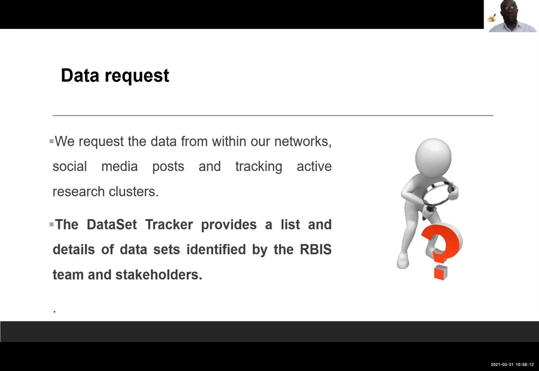We go to those platforms and continue to work with them, because the data also needs its metadata. So we have to continue to work with these data holders to have the information concerning the data that they have directed us to get. We then take all of this information into the dataset tracker that helps us track whom we have contacted and which data we have used, so that we can continue to track the processes.